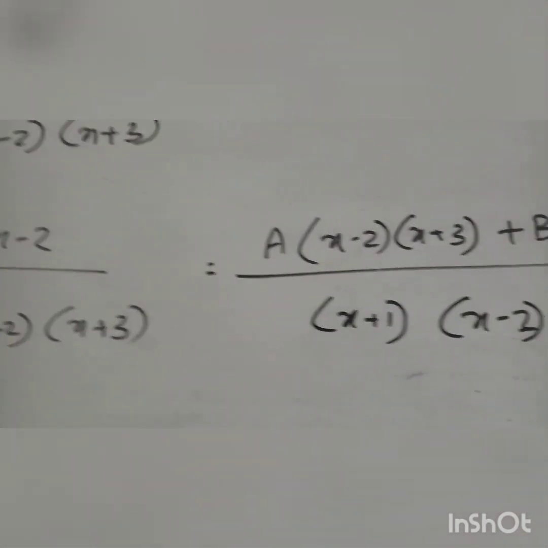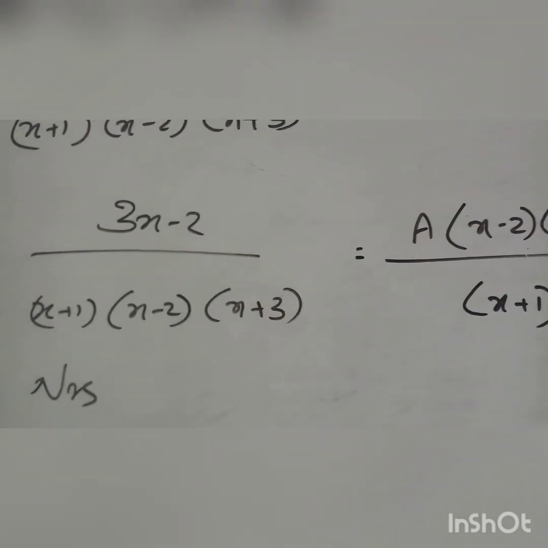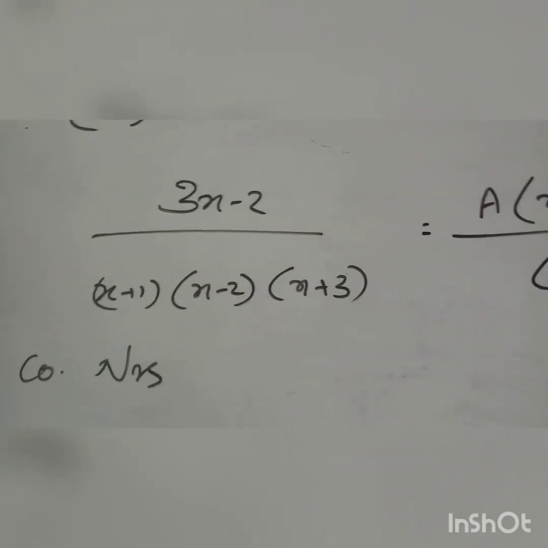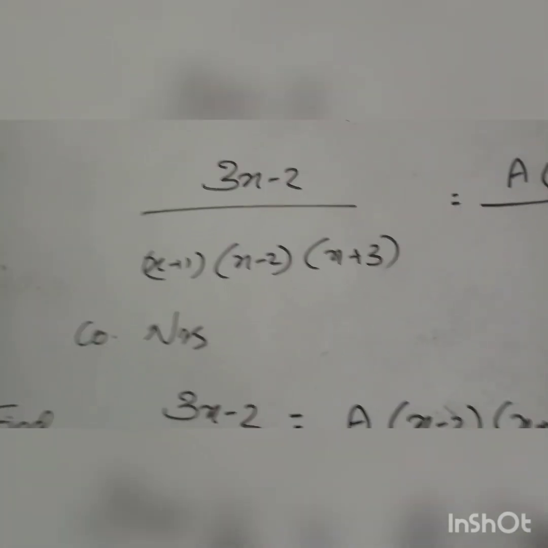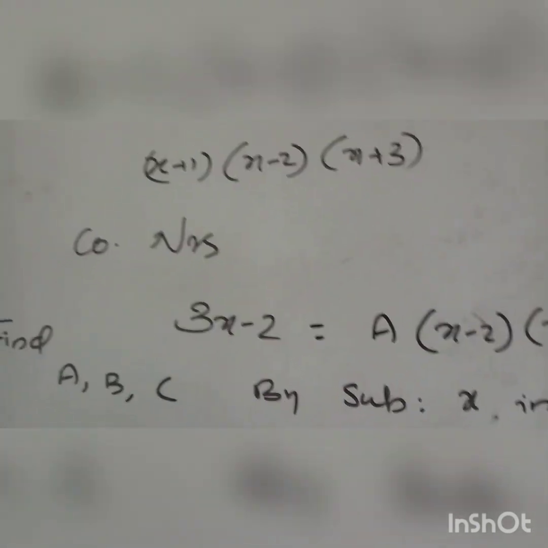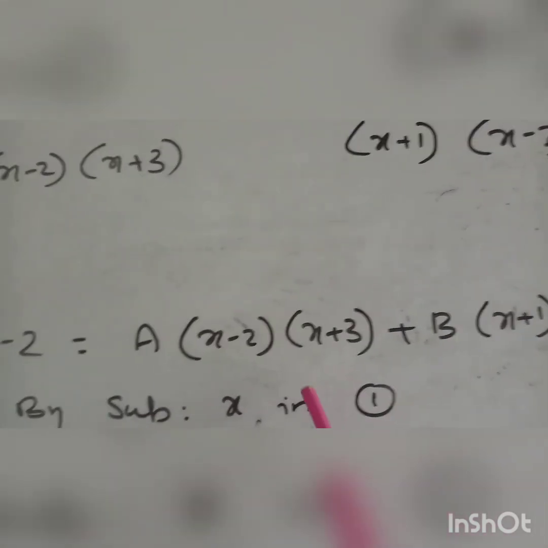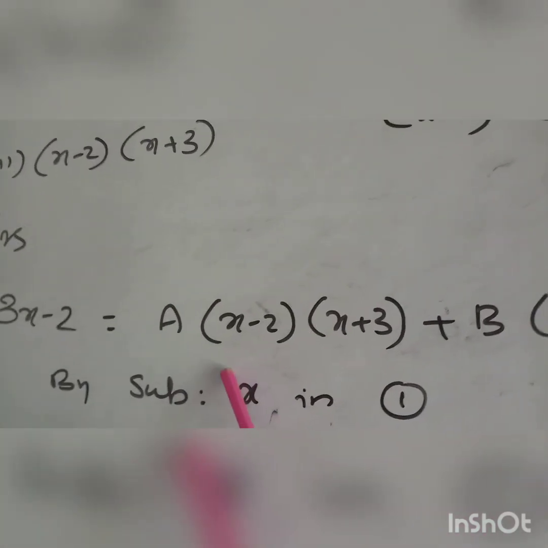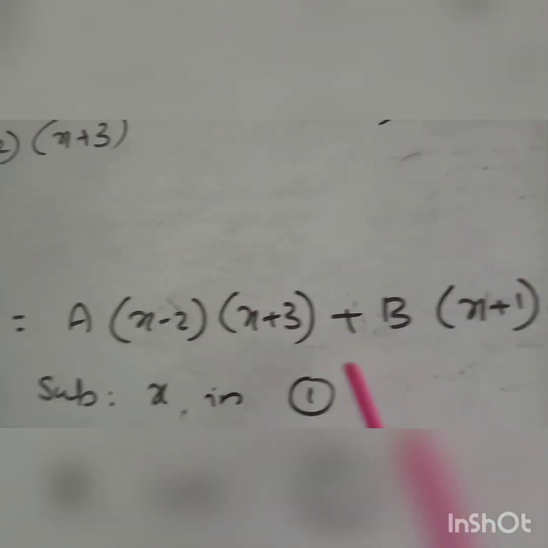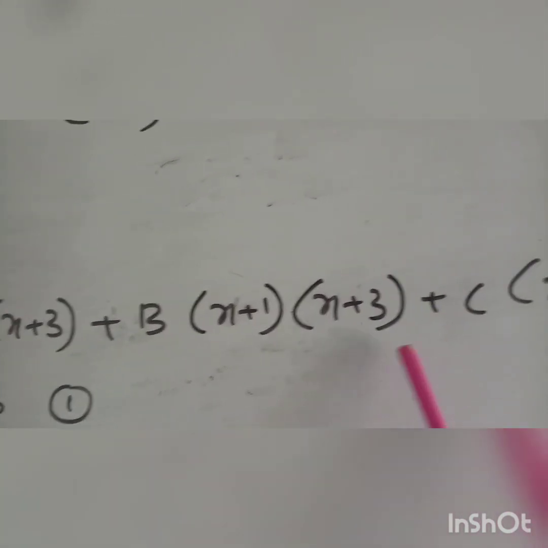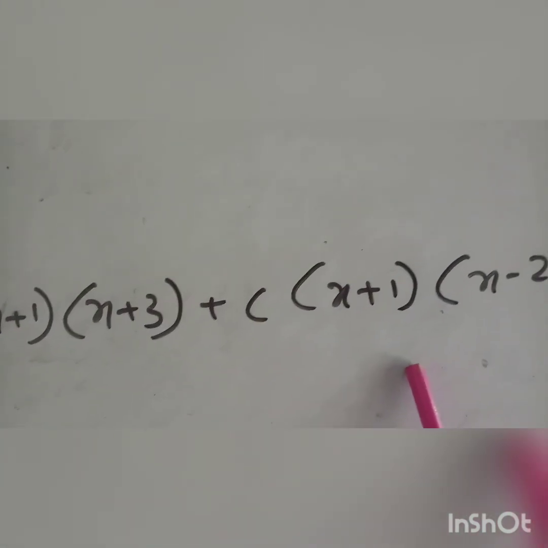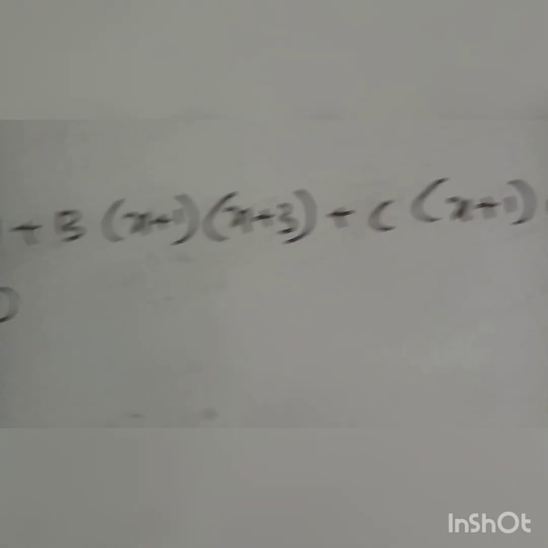Now these two fractions are equal, so we can compare their numerators. The numerator of the left side, 3x - 2, equals a(x - 2)(x + 3) + b(x + 1)(x + 3) + c(x + 1)(x - 2).